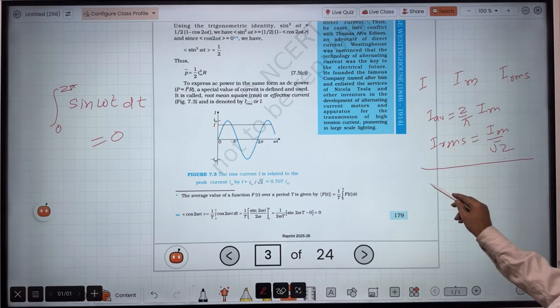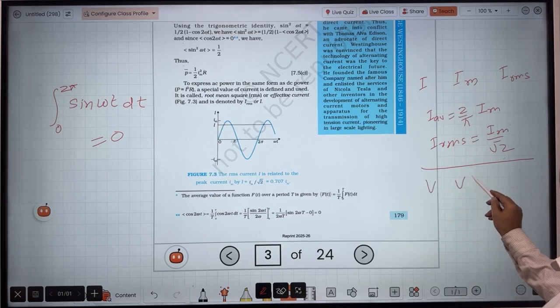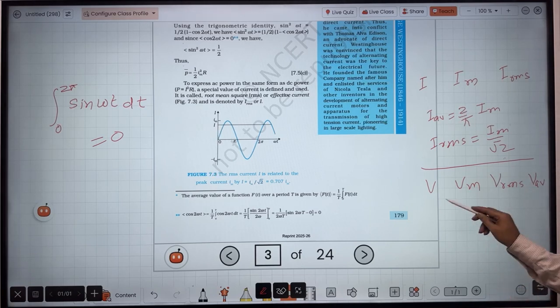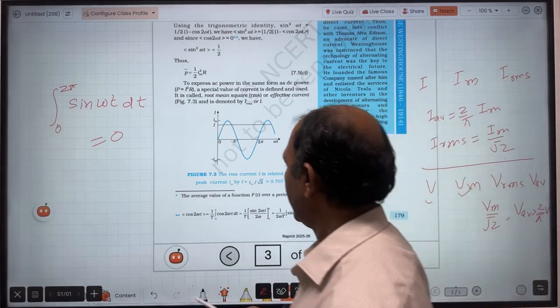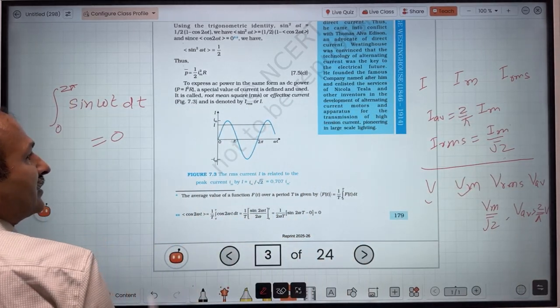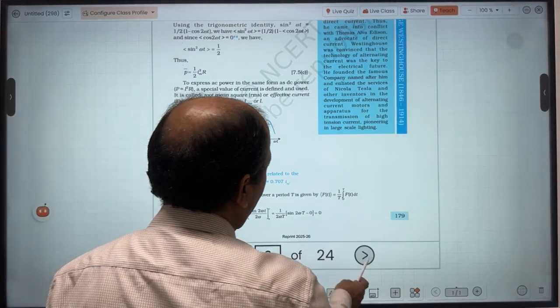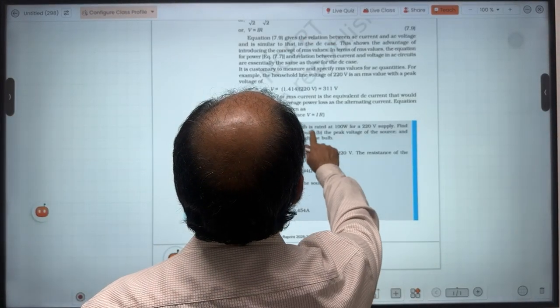Similarly, for voltage, V is the instantaneous voltage, Vm is the maximum voltage, VRMS is the root mean square voltage, and V average. VRMS is Vm divided by root 2, and V average is 2 upon pi times V maximum. So these things you have to memorize. These concepts will make calculation easier, and you can easily understand the functions.